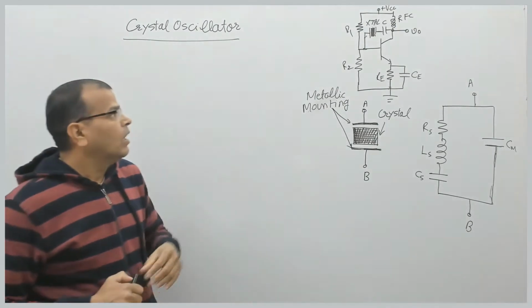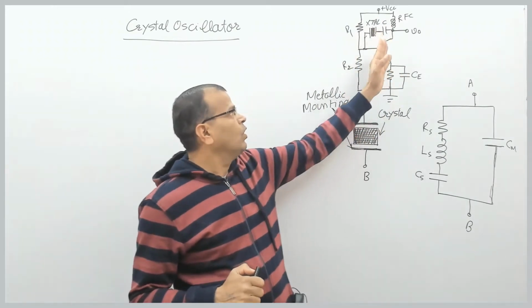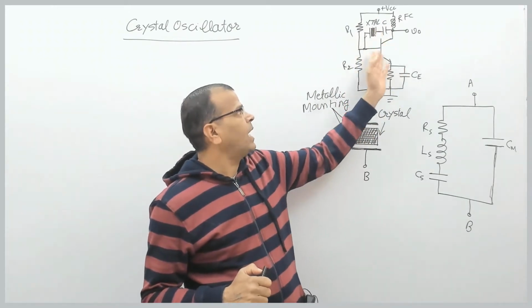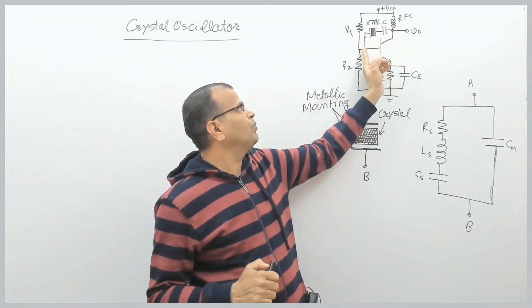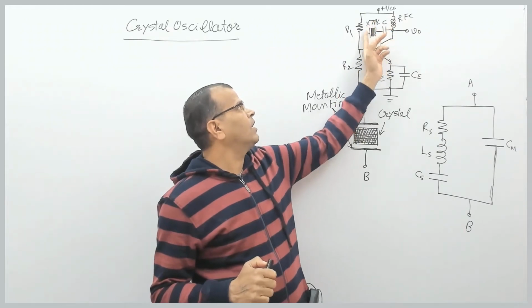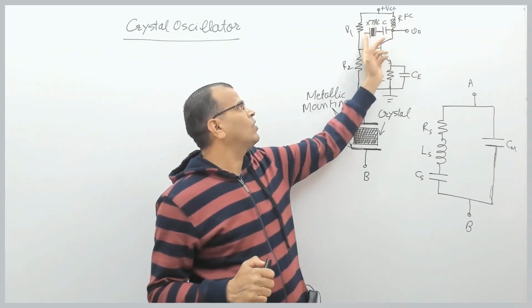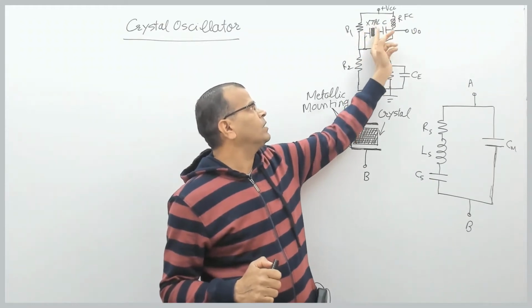Here I have drawn the circuit diagram of a crystal oscillator, where we have a BJT based amplifier and a feedback from output to input base, and in the feedback path we have the crystal. This is basically a piezoelectric crystal, normally made of quartz.